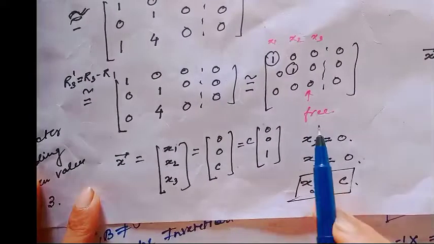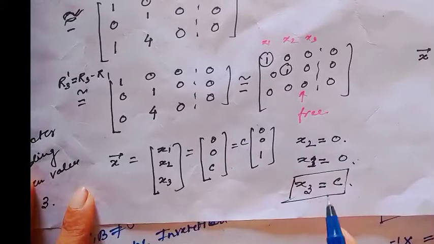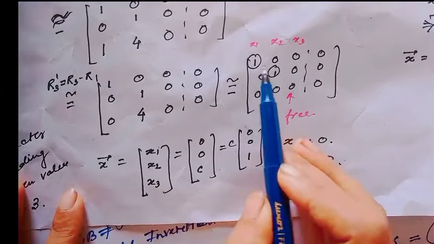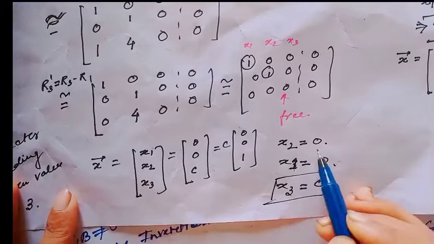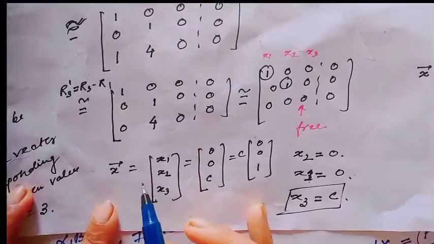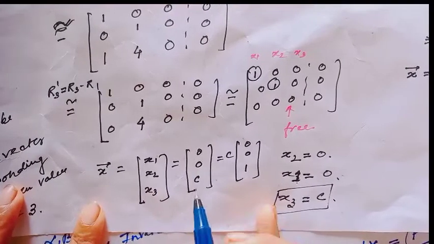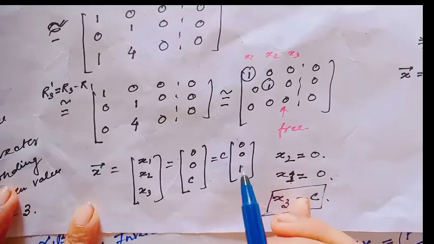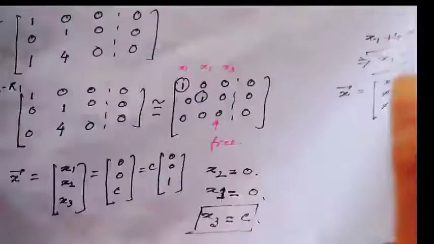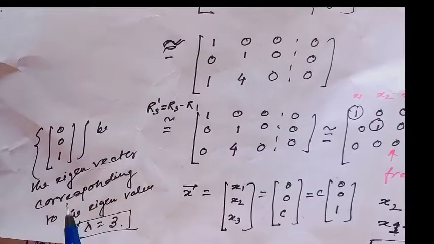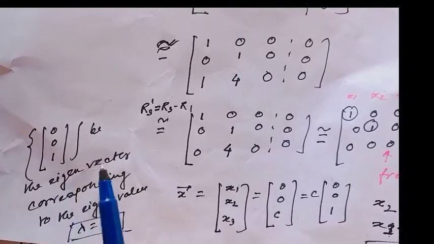Since x3 is free, consider x3 equal to c, and from this expression x1 equal to 0 and x2 equal to 0. Therefore, the vector x1, x2, x3 would be 0 0 c, that means c times (0, 0, 1). That means for the eigenvalue lambda equal to minus 3, the eigenvector would be 0 0 1.